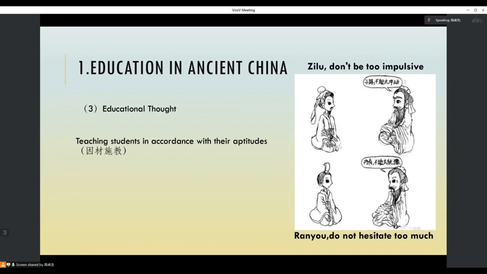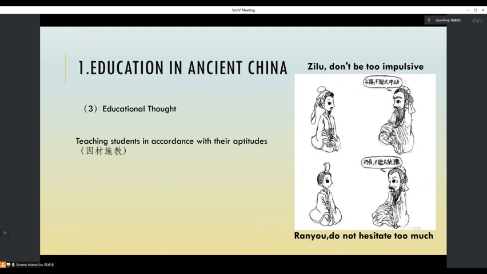So Confucius thought a teacher should educate a student according to the student's traits. 因材施教. 材, it's like food, water, 材料.